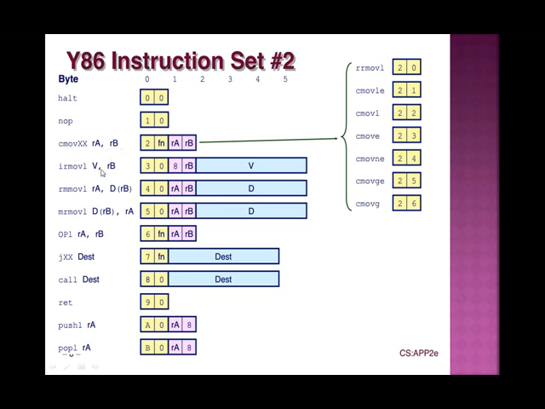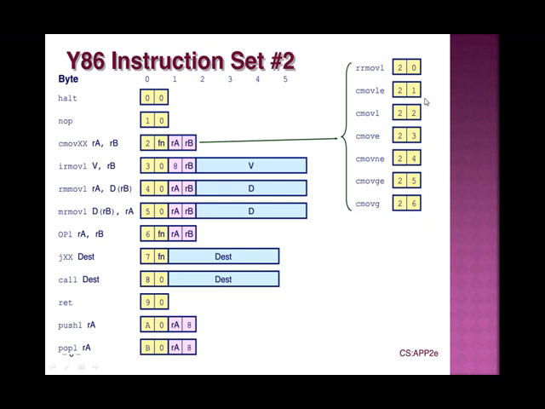In the same way, using the variables for this, and this is denoted like rrmovl, cmovle, cmovl, cmove, cmovne, cmovge, cmovg.